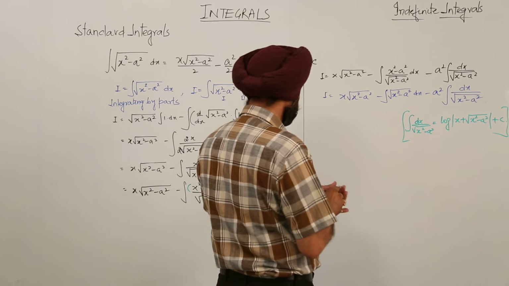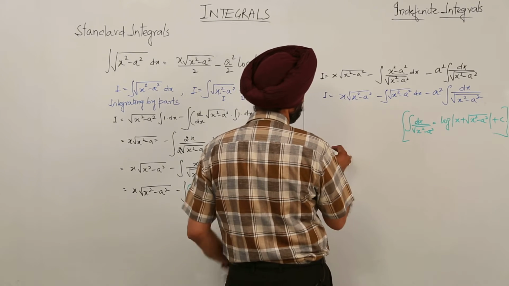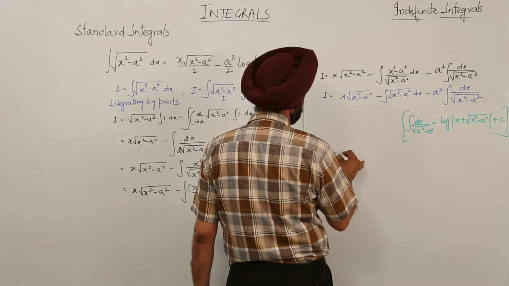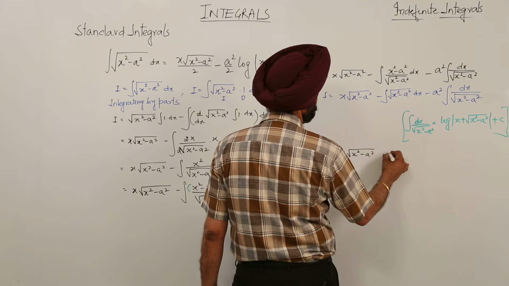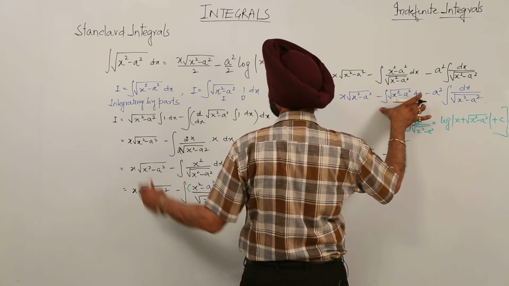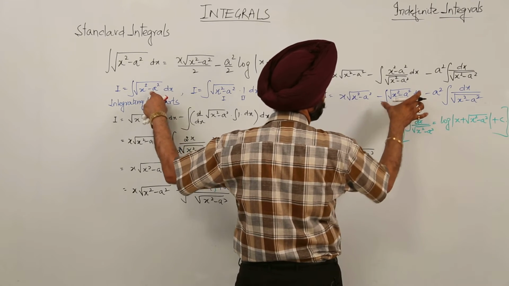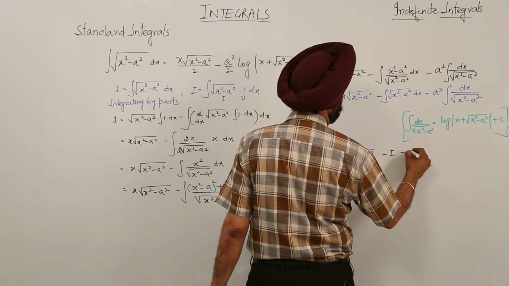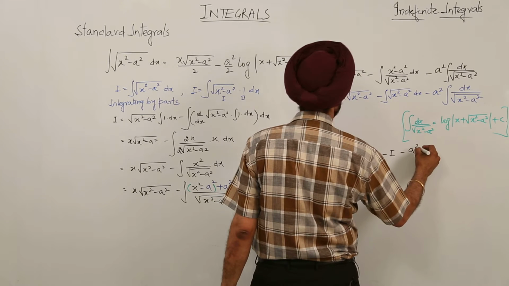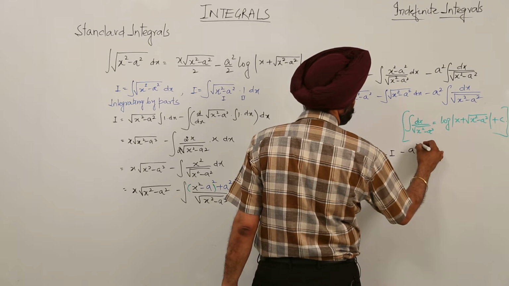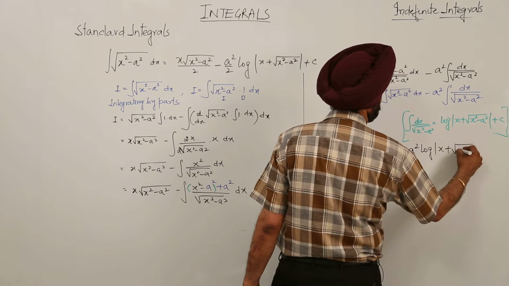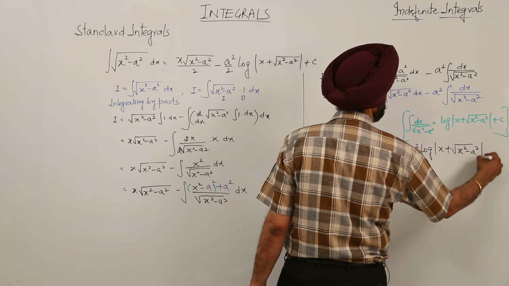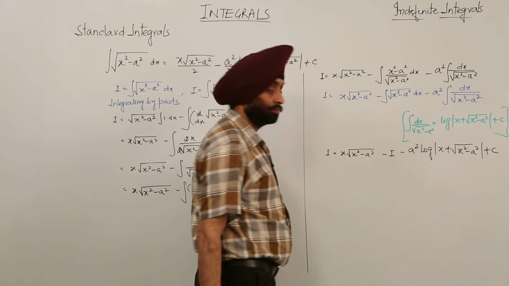Okay, so we are left with x square root of x square minus a square minus I, this is the one from where we started, minus a square log x plus square root of x square minus a square plus c.